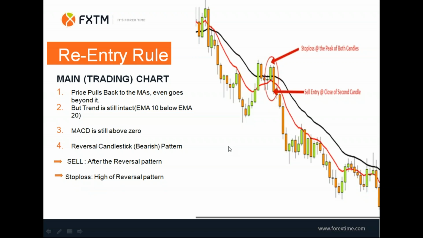Okay, guys, good. So we have a sell entry, and then we have a stop loss here, just like we have here. So this would have been another entry for you in the sell, and then you would have gone down. I told you this is an opportunity to have a smaller stop loss compared to the profit. For the first entry you have a recommended stop loss, but this one has no recommended stop loss. You just use the high of the two candles, whichever one is higher in the case of a sell.